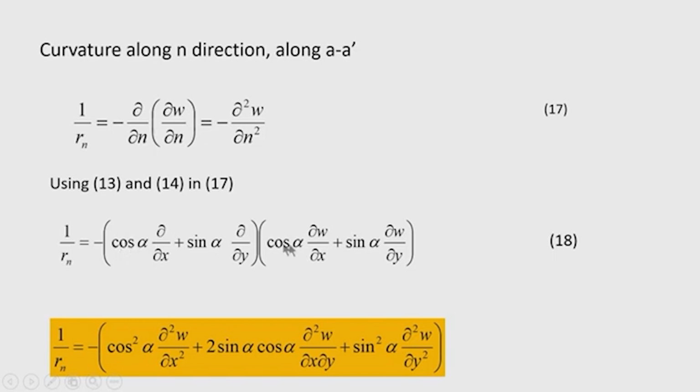So, if I carry out the term by term multiplication, then I will get 1 by r n equal to minus cos square alpha del square w by del x square plus 2 sin alpha cos alpha del square w by del x del y plus sin square alpha del square w by del y square.